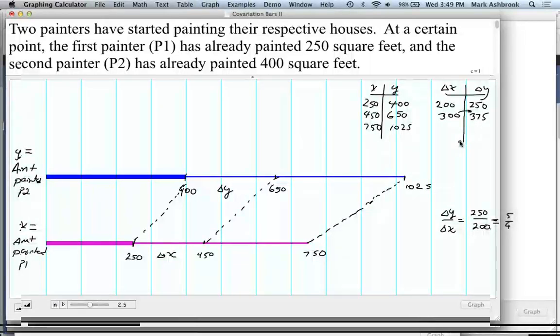Like, it went up 75? No, it was a constant rate of change. Okay. So we want to justify that. So we do the same thing as we did for the 250 and 200. So you take 375, which is your change in Y. Divide it by 300, which is your change in X, and you'll get 5 over 4.